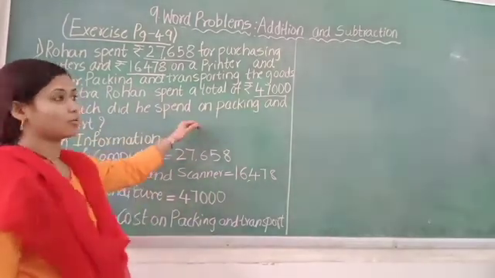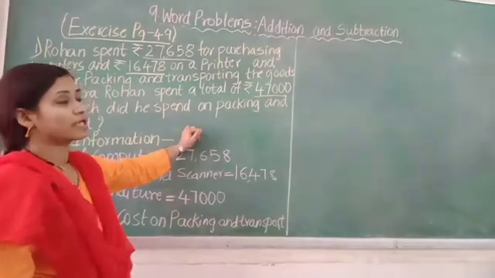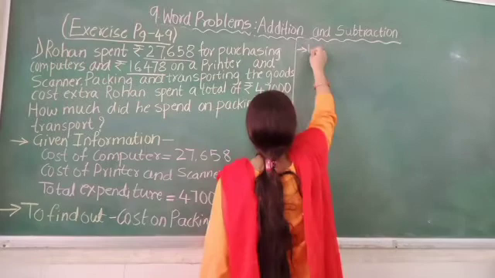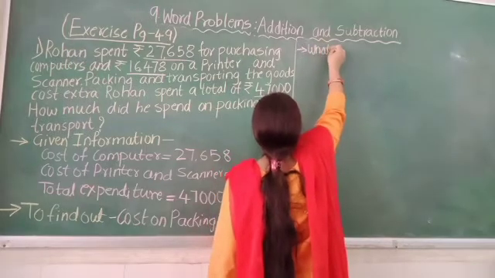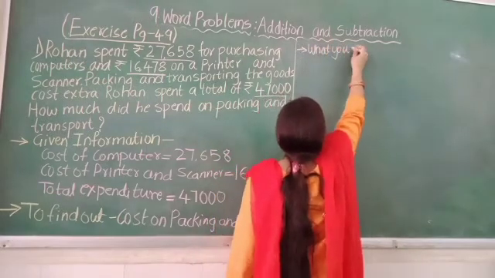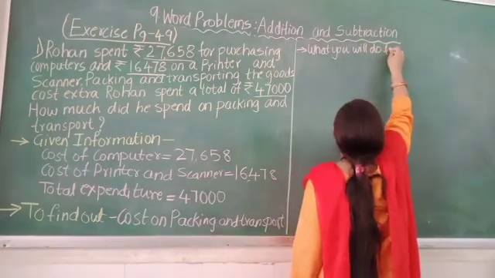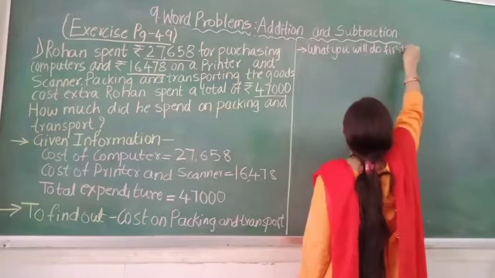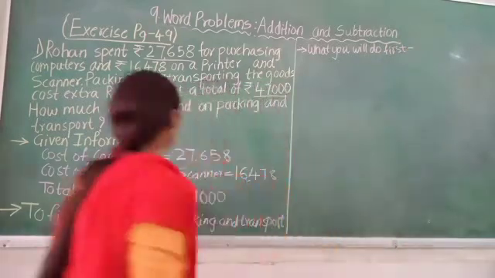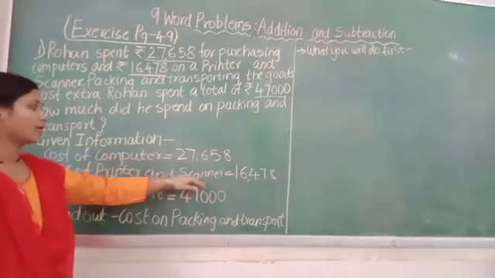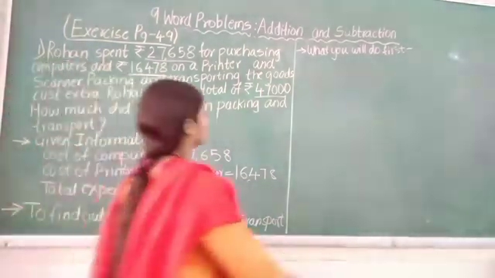Now here in this problem, what we will write next? Next step is what you will do first. Means the first step what we will do here is we will add both the cost of computer and printer and scanner.